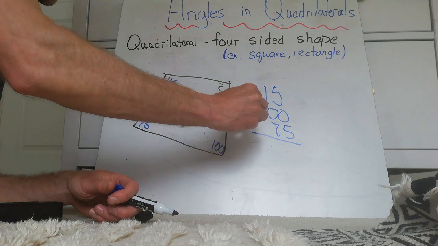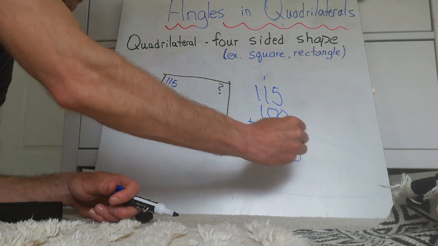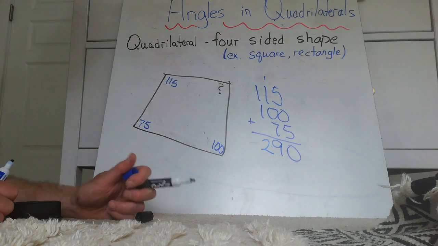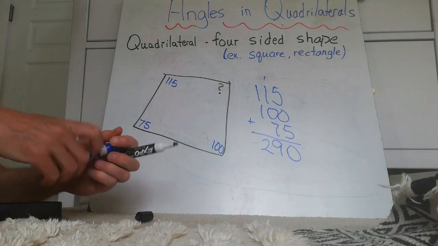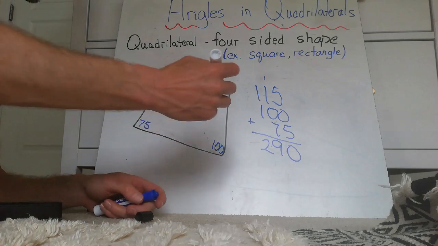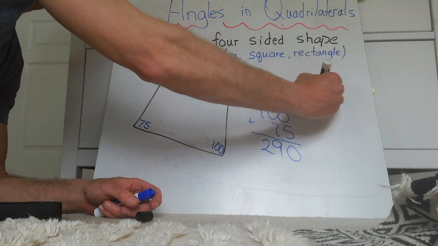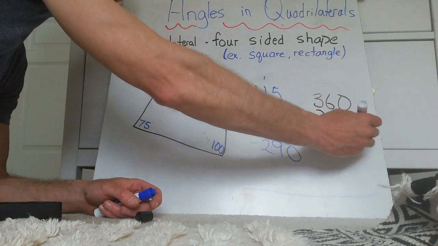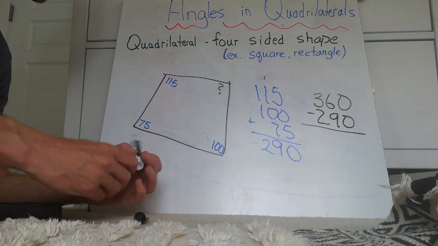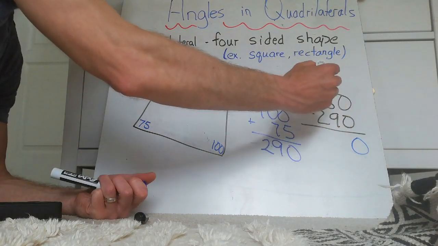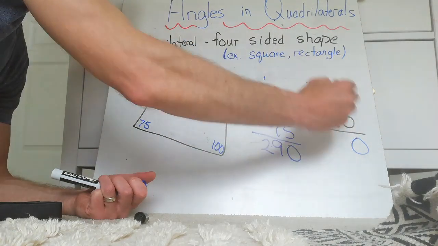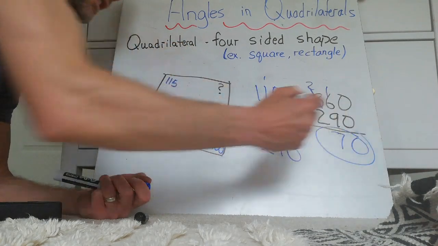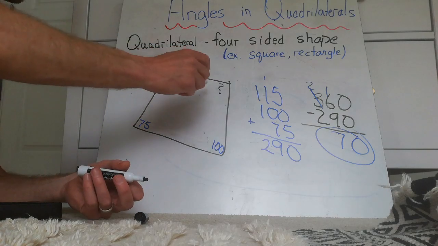That gives 290. Remember, that's not your answer. The next step is to do 360 minus 290, which is 70. So the missing angle is 70.